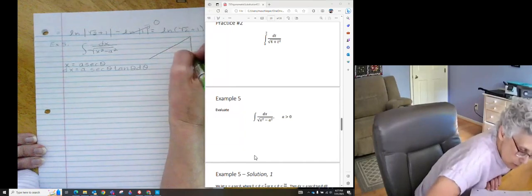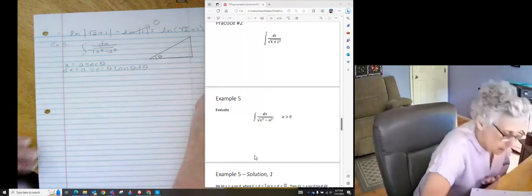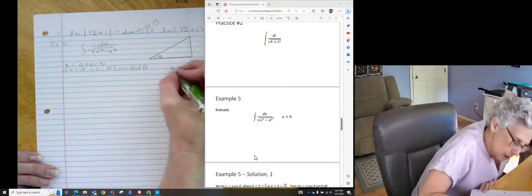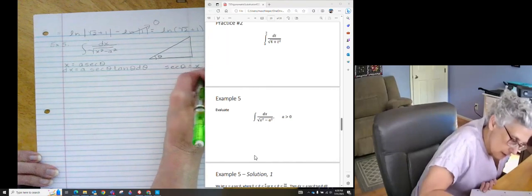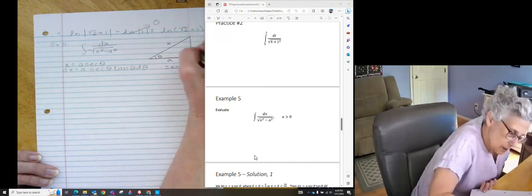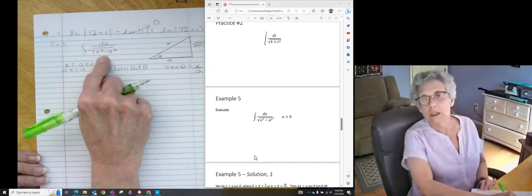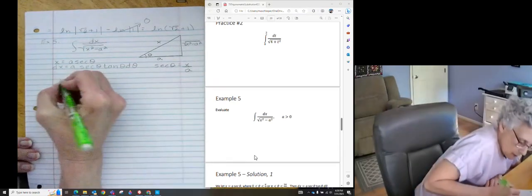I'm going to go ahead and draw my triangle. Theta's right here, and secant is hypotenuse over adjacent. So secant of theta is equal to x over a. So hypotenuse over adjacent, that means opposite is the square root of x squared minus a squared, which is what is living there in my integral.